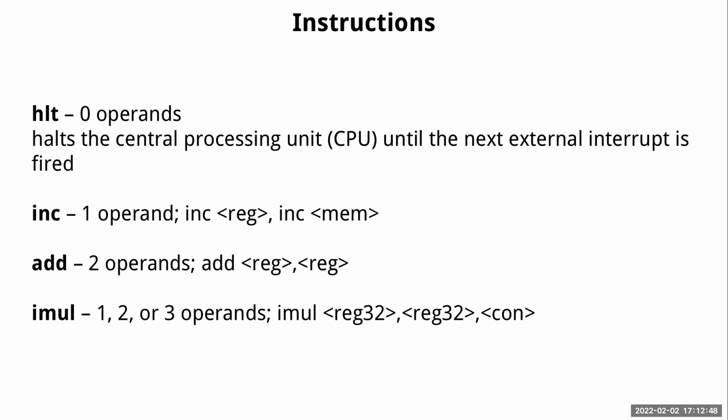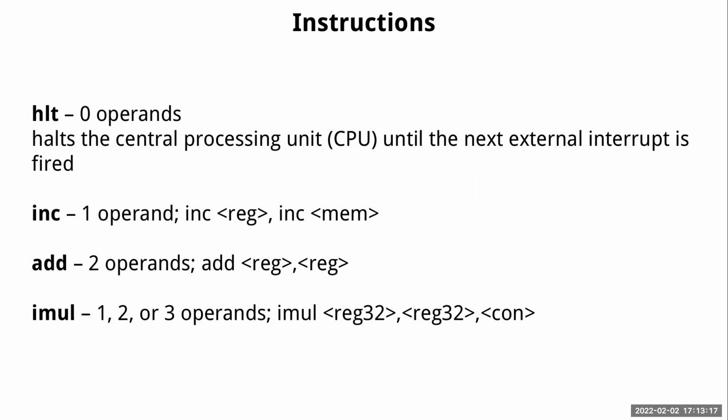So I will show you several examples of instructions with different numbers of arguments. The first one is HLT. Obviously, it means halt. It stops the CPU until there is an interrupt or something. Looking at the description of this instruction, there is no need for any arguments, right?